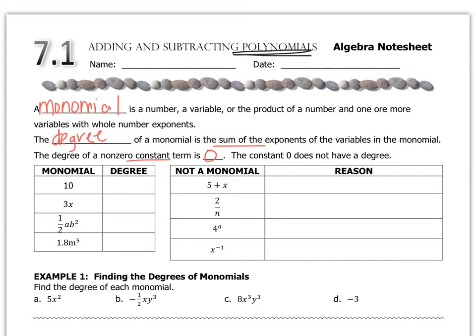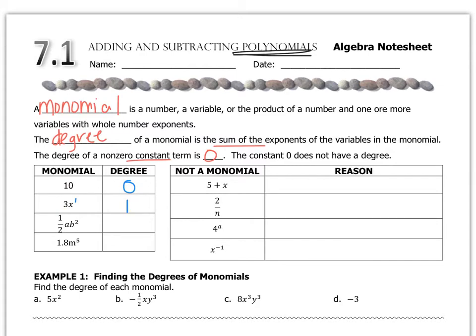So let's just look at some degrees of monomials, or how much power the monomial has. This is the number 10, and I just told you that numbers have a degree of 0, so that's done. Then, if there are variables involved, you add up the exponents. In this piece right here, this x has an exponent of 1, so it's got a degree of 1.